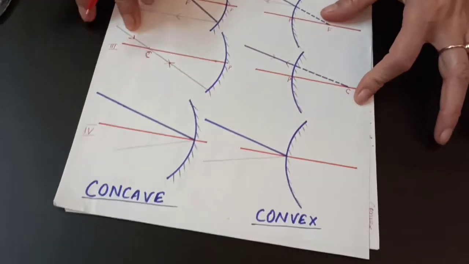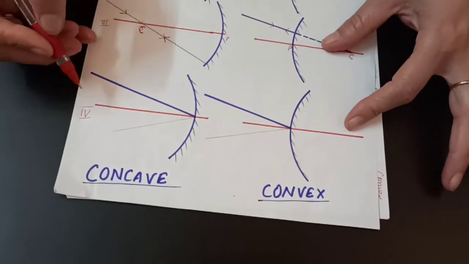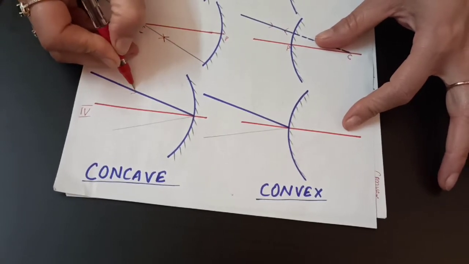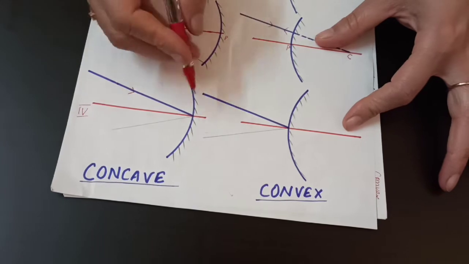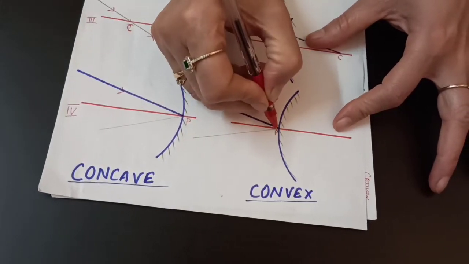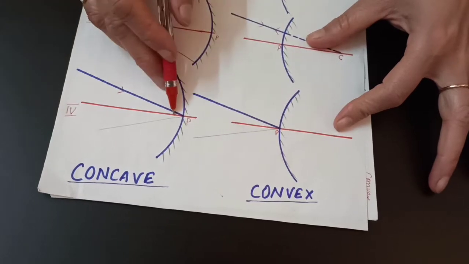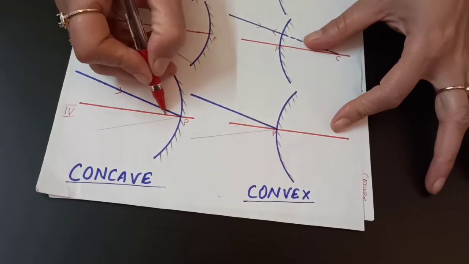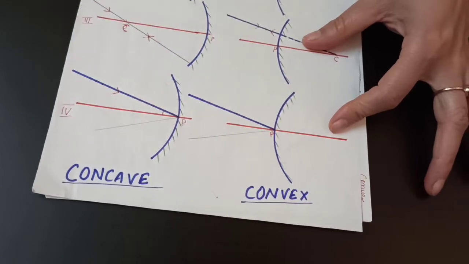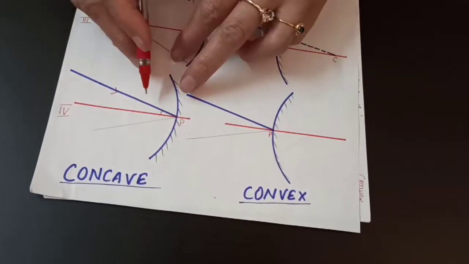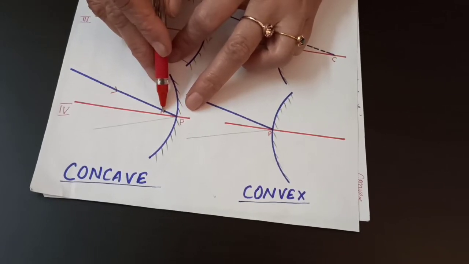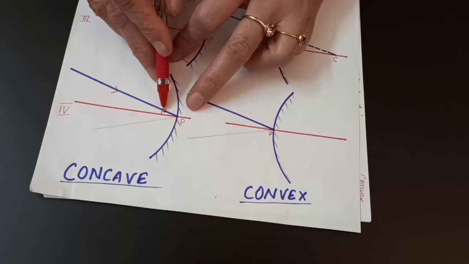Now the fourth and final case. The ray of light that is incident on the pole of the mirror. You can see this is the angle of incidence. If you remember the laws of reflection, the angle of incidence is equal to the angle of reflection.